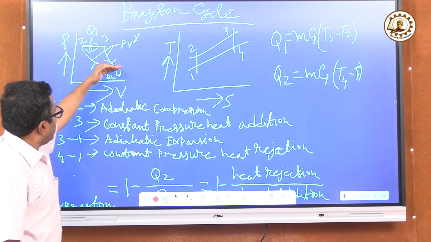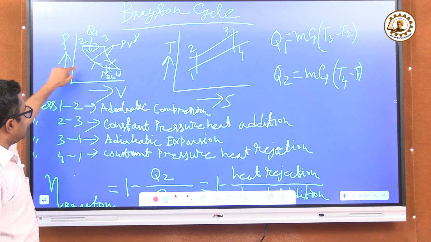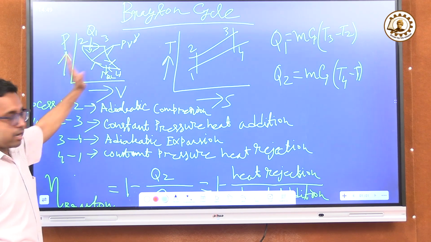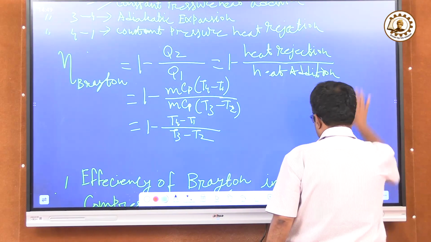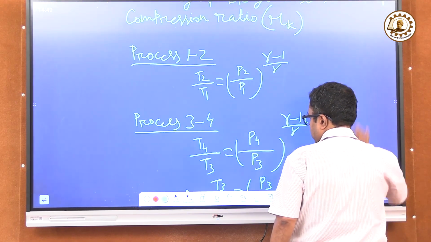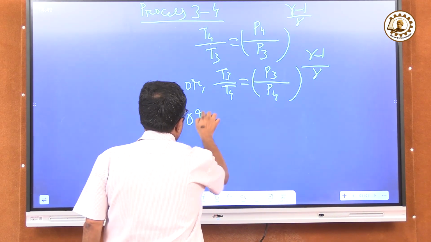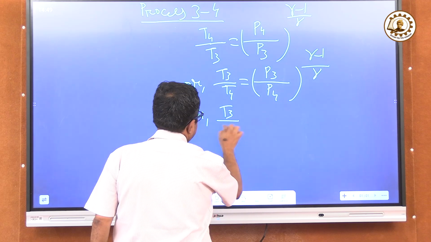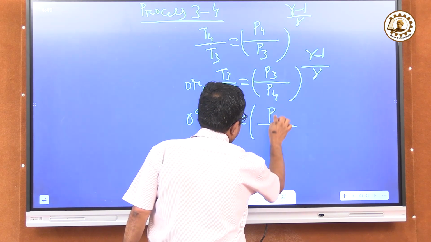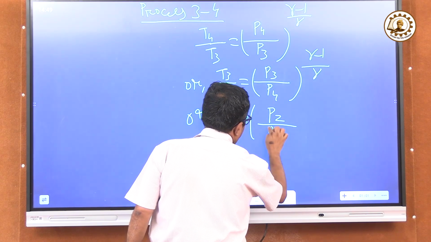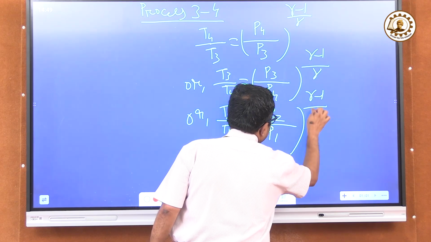Here also the pressure P4 is the same as pressure P1. Now T3 by T4 is equal to, we can write P2 for P3 and P1 for P4, so (P2 by P1) to the power (gamma minus 1) by gamma.